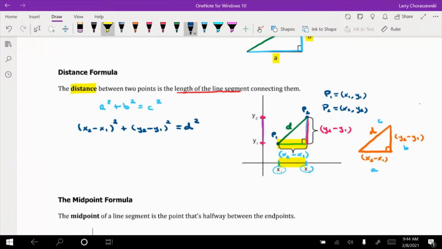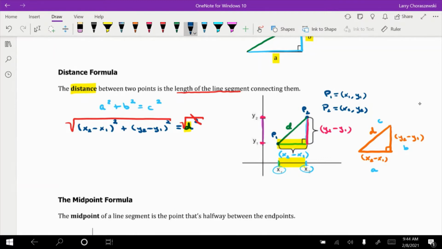And what we're trying to find is a formula for D. But it's got a power of 2 on it. So we're going to get rid of that power of 2 to fully isolate D by taking the square root of each side. Okay, that cancels out the power of 2.